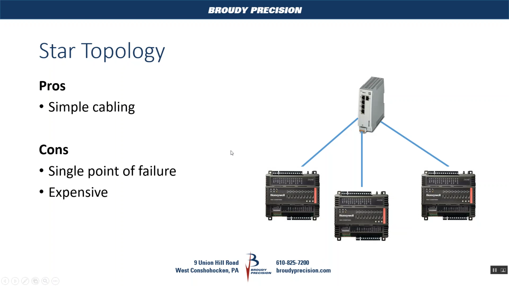That's it. The cons are it has a single point of failure. If this switch dies, every device that's plugged into that switch is no longer on the network. No longer can see any of the other devices. And our second con is it's expensive. Not expensive in terms of hardware, but in terms of your cost to run all of the wire, because you're running home runs to every single device on the network.